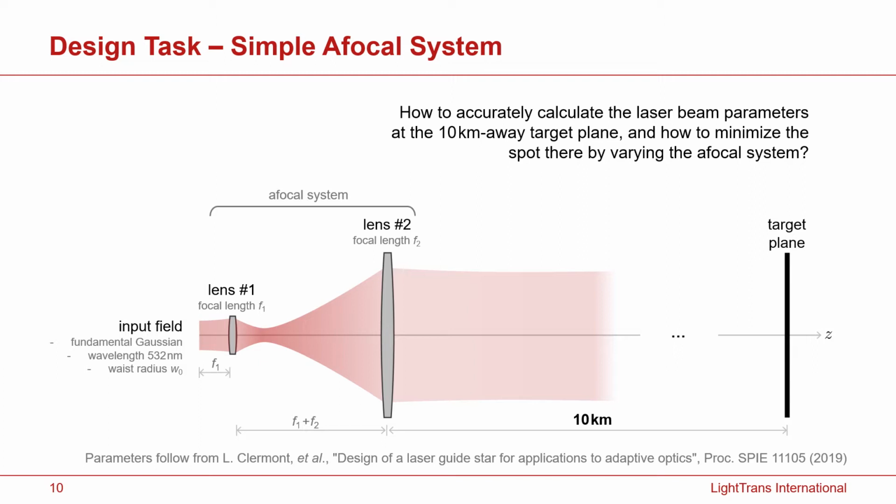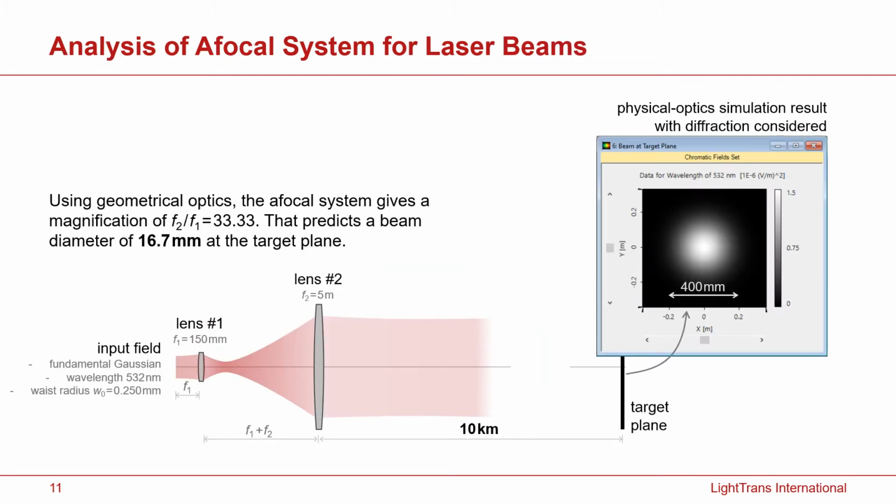For such a laser system, it's important to take all the beam optics properties into consideration, for example, the possible diffraction effects for laser beams. You must do it very carefully and precisely because you want to control your beam at a very far distance. So let's have a look at what we have here. Let's take an example of geometric optics.